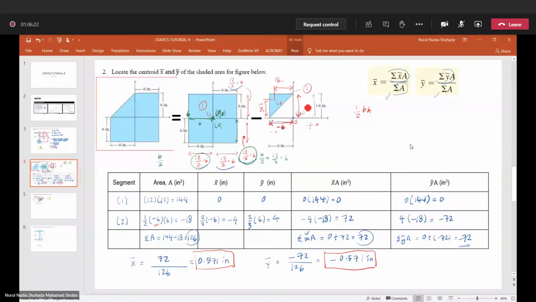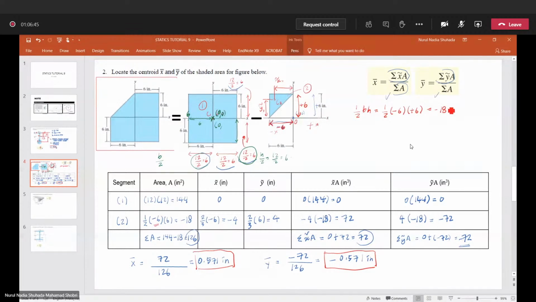So that's why, based on this calculation, for segment 2, 1 over 2, the base is negative 6, the height is positive 6, then equal to negative 18. Are we clear?